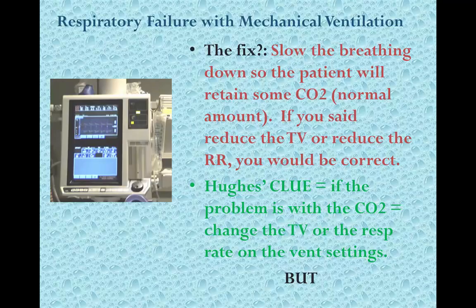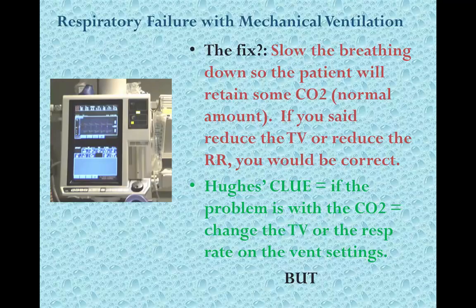That's your first clue. If you're given a mechanical ventilator setting, and the ABG that corresponds to that setting shows that the pH is up, that the patient is alkalotic, and the CO2 is down, then the fix is to decrease the rate or tidal volume.